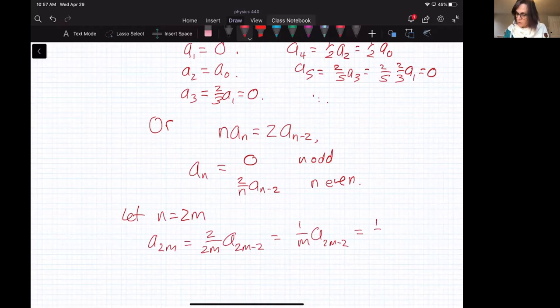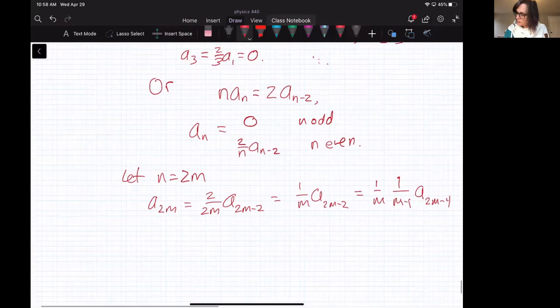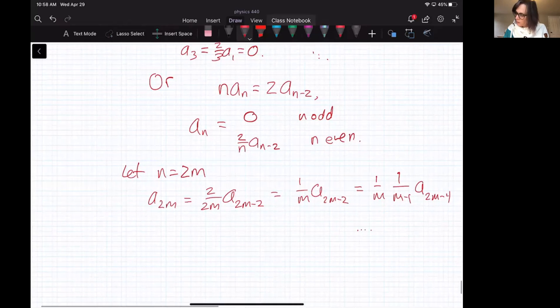And that's equal to 1 over m times m minus 1, a sub 2m minus 4. And we can keep going until we get to 1 over m factorial a naught.